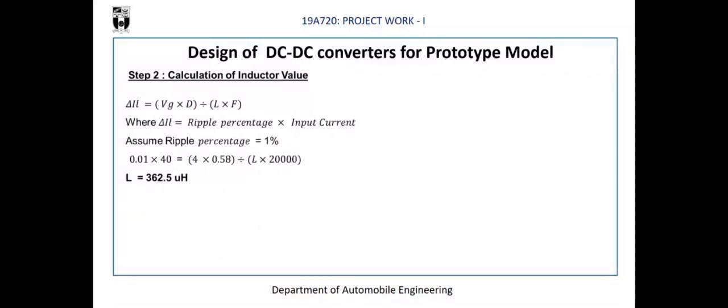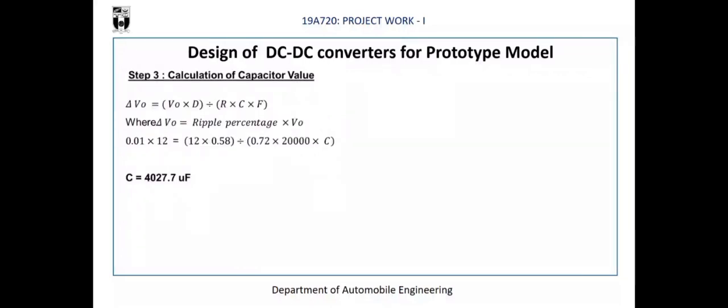The calculation of inductor value. And finally, the calculation of the capacitor value.